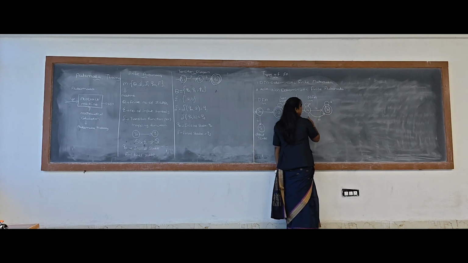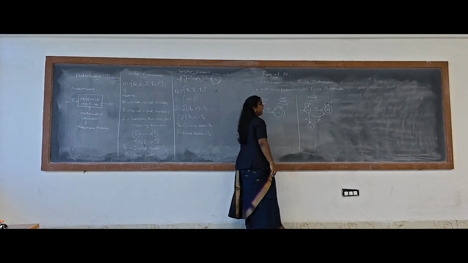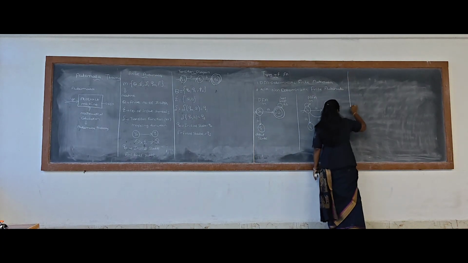At the same time, by using the input symbol B, we have the transition from S0 to S0, and also S0 to S2. So by using the same input symbol, we have more than one transition. This is the major difference between NFA and DFA. Then next we will move on to the conversion.